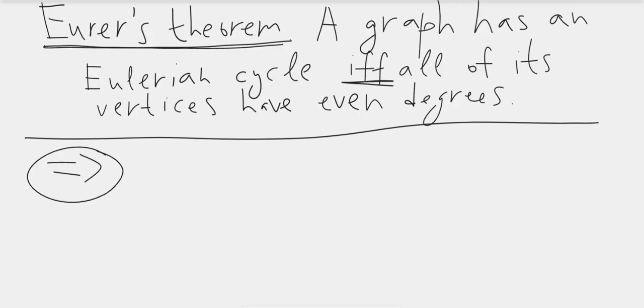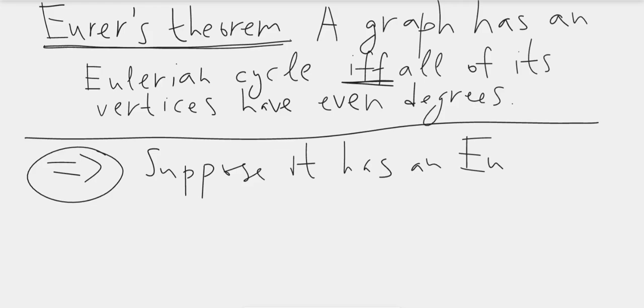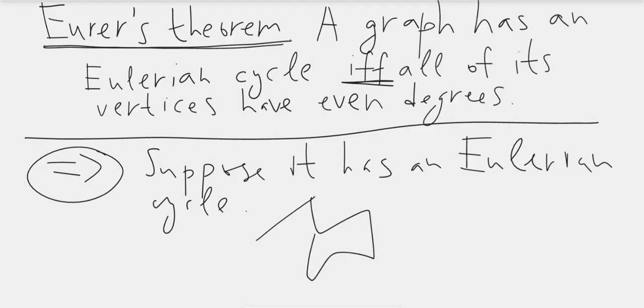Suppose that it has an Eulerian cycle. So then we consider this cycle. There's some kind of cycle, say something like this.